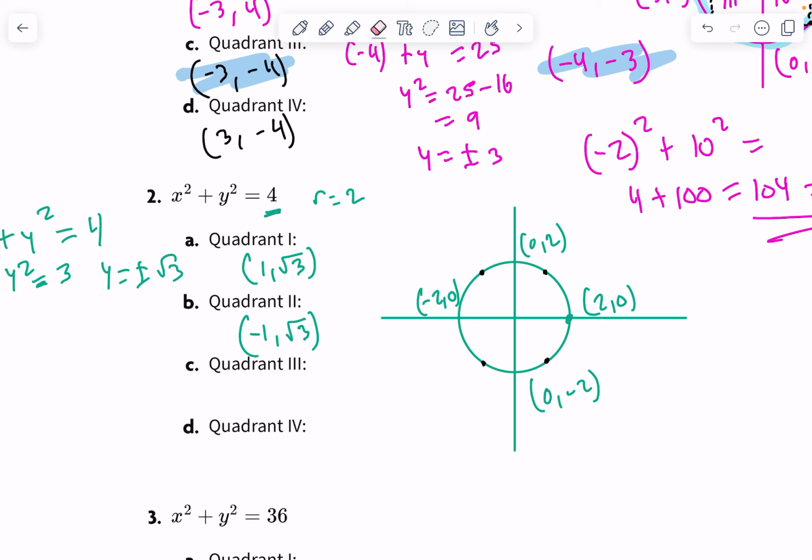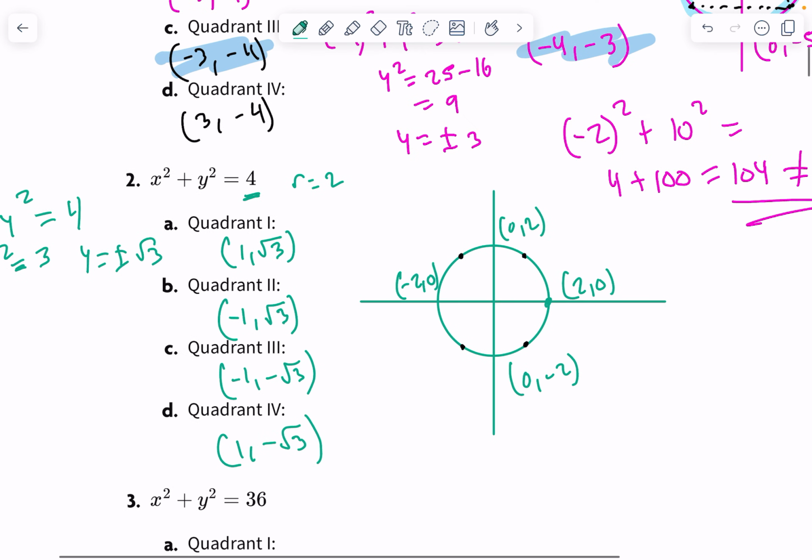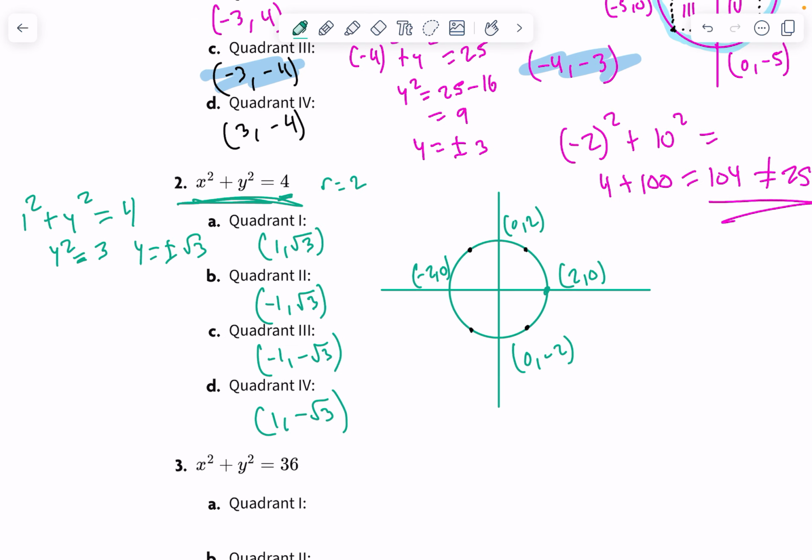So then quadrant 3, this point will be -1, negative square root of 3. And in quadrant 4, I'm at +1, negative square root of 3. And all these 4 points satisfy this equation. Okay, they satisfy the equation. That's what you need to be concerned about.